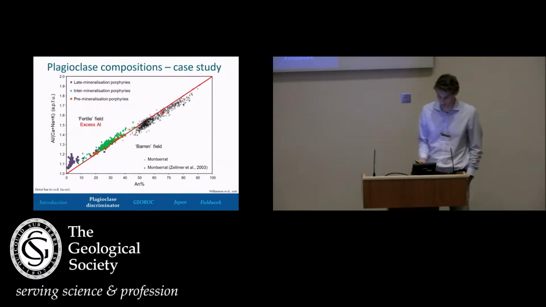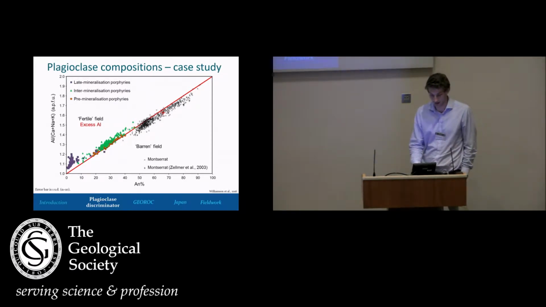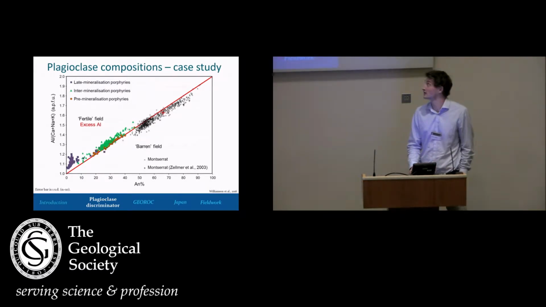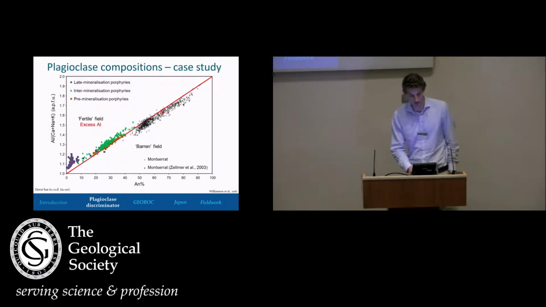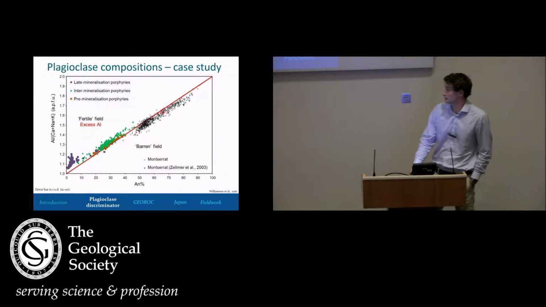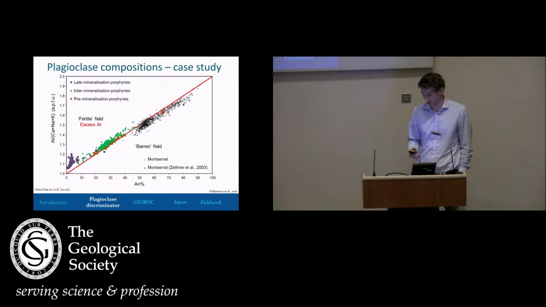So what this basically shows is that if you look at the perfect plagioclase composition, which is that red line shown there from albite up to anorthite, there's a discrepancy between plagioclase compositions that are associated with mineralization and those that aren't associated with mineralization within this case study.